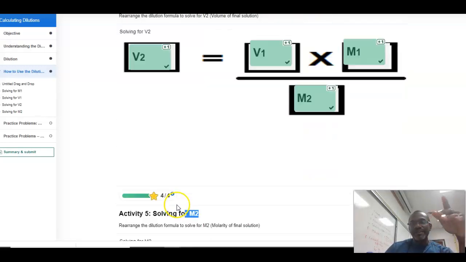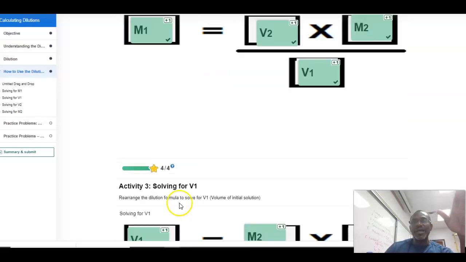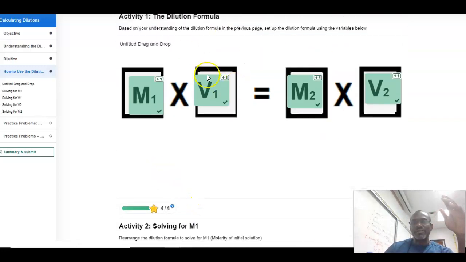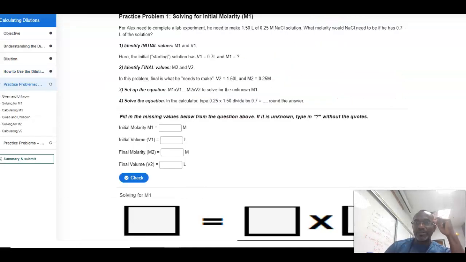Now, this gives you practice on how to rearrange the equation for calculating dilution in solving for an unknown variable. Okay, so once you click on the next one here, that's where we're going to practice using those equations in solving for the unknown variable.